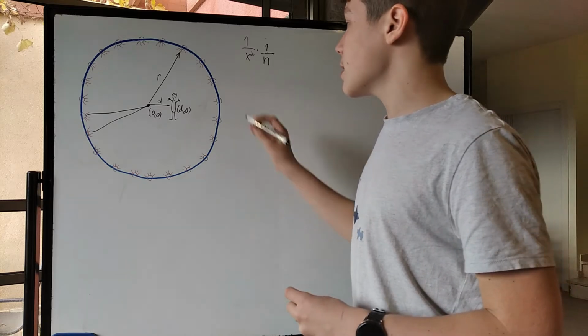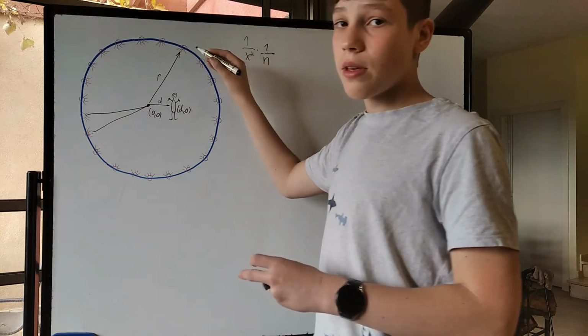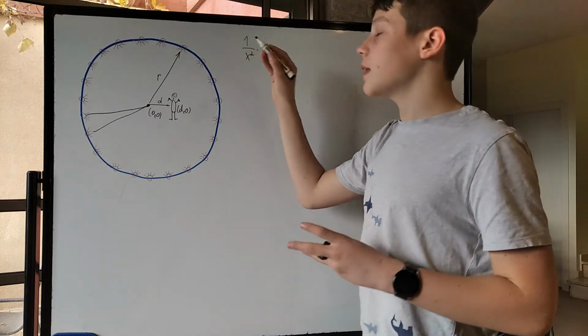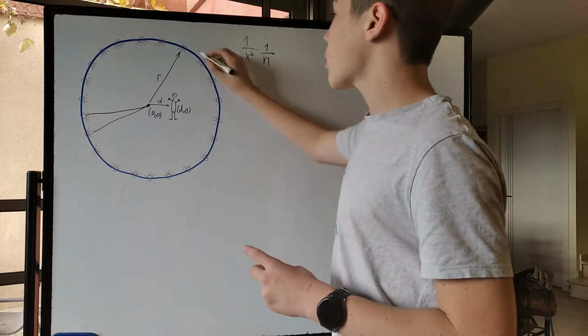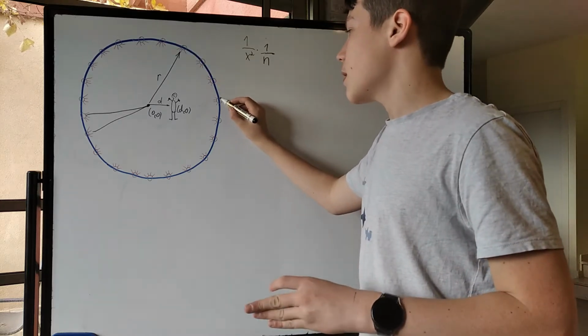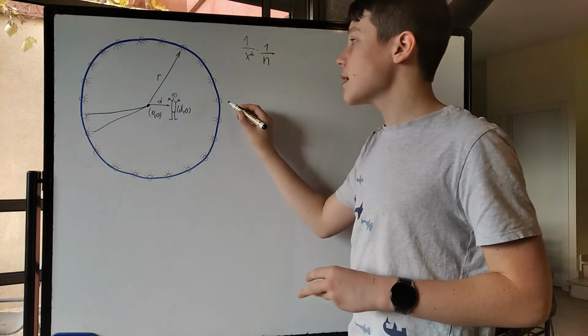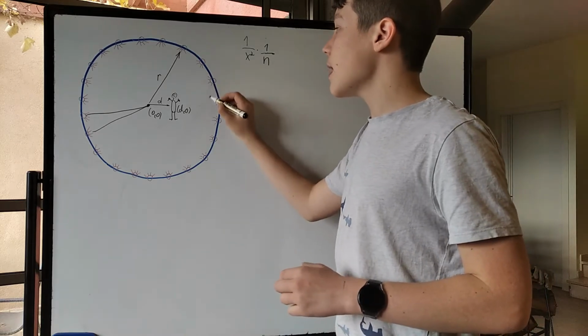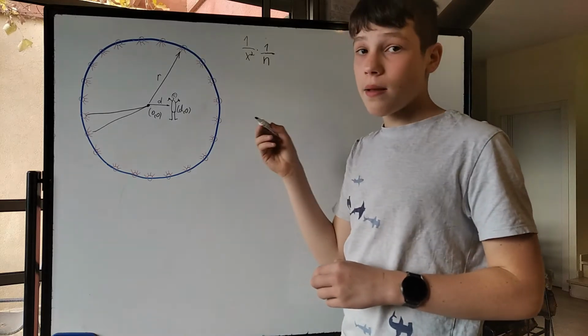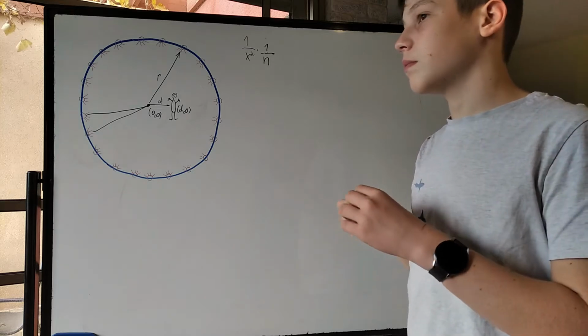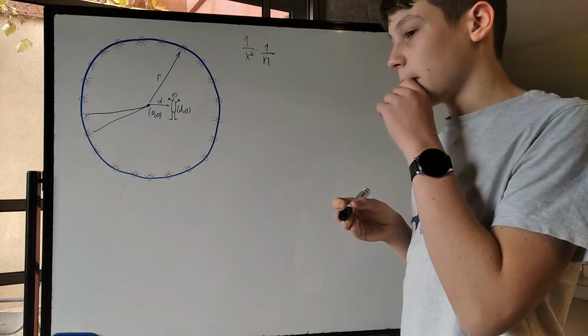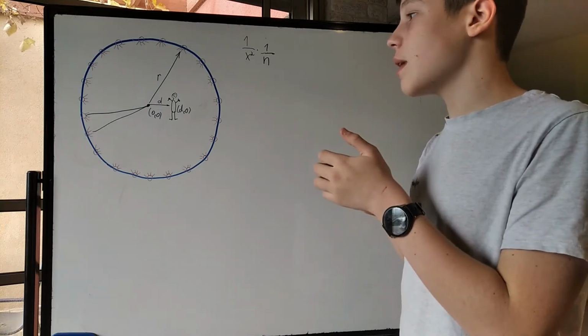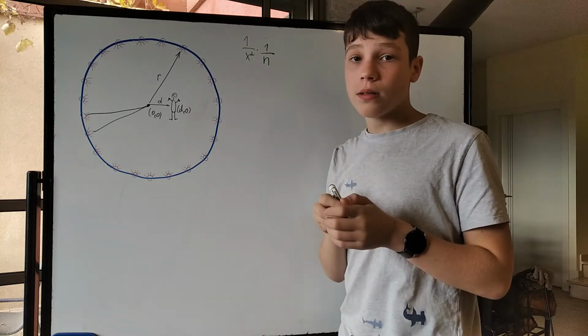But if I want to look at the kth light bulb counterclockwise from the one that sits on the x-axis, I'll have to add k of these angles.